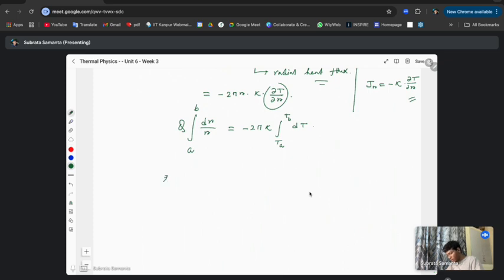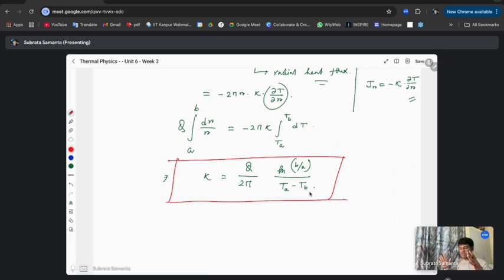So then the thermal conductivity kappa is basically Q over 2 pi times ln(B/A) over (T_A minus T_B). So this is the expression for the thermal conductivity.